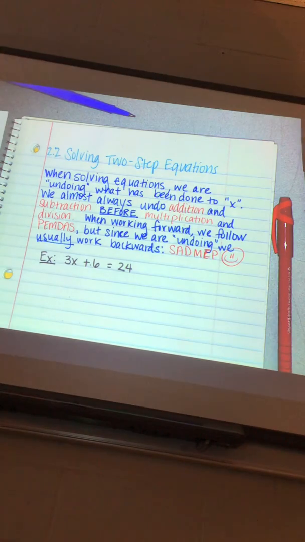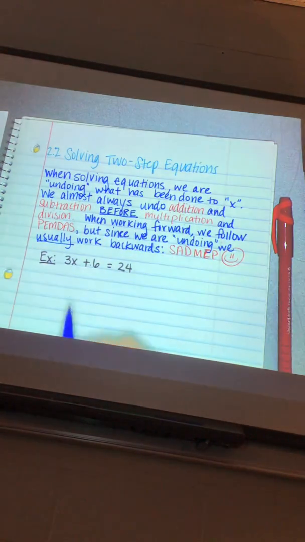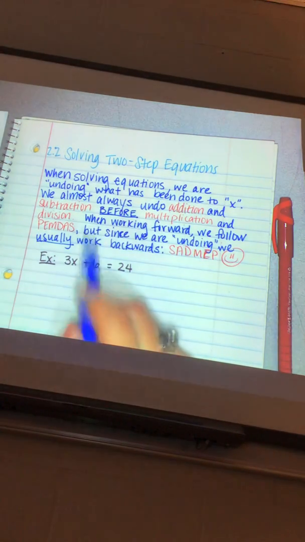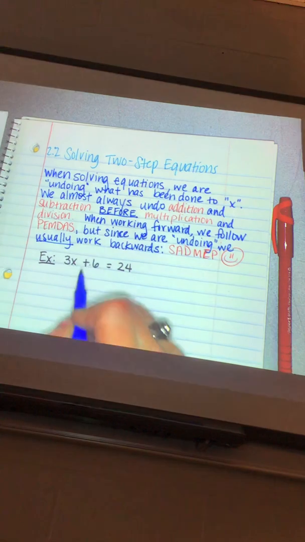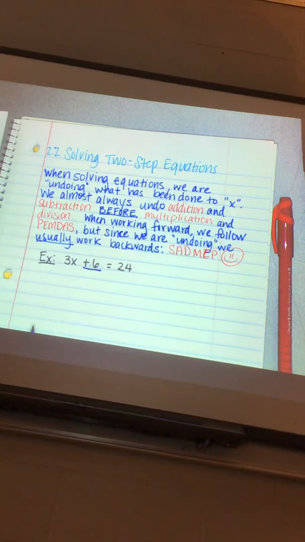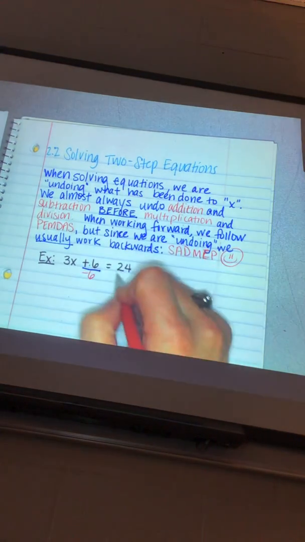So what you're going to do here, the first thing we're going to do is we're always going to undo addition and subtraction. So right here we have plus 6. So we want to get that off first. So we're going to subtract 6 from each side of the equal sign.